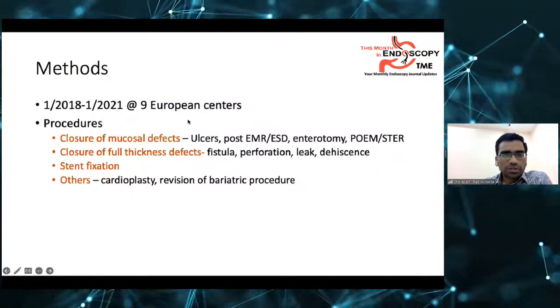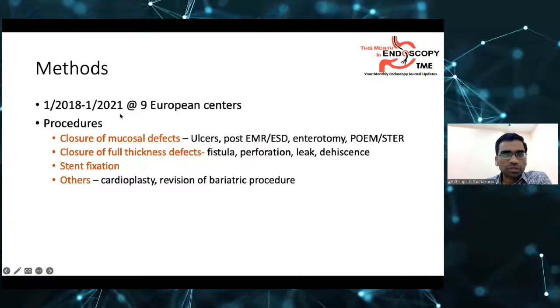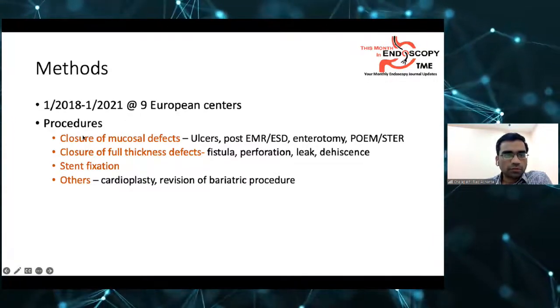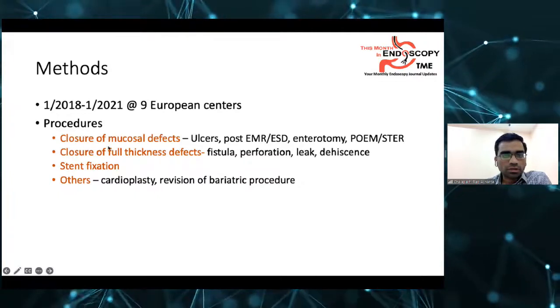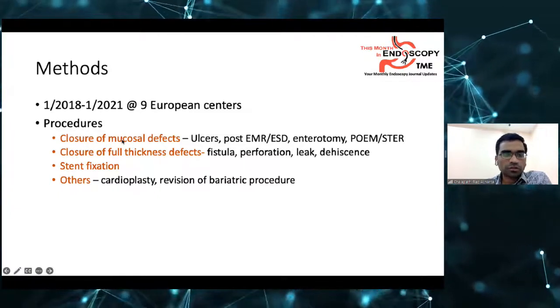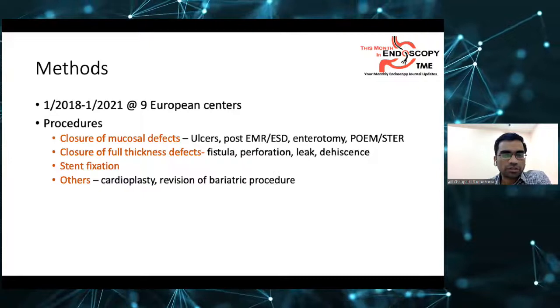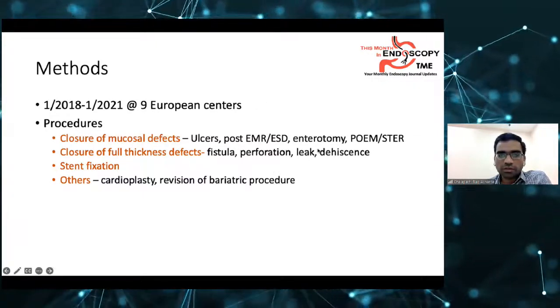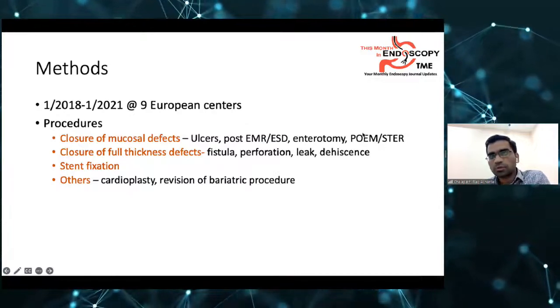So the study was done at 9 European centers between 2018 and 2021. Four types of diseases were tackled with this device. Closure of mucosal defects like ulcers, post-EMR, ESD defects, enterotomy defects, and post-POEM and STER defects.